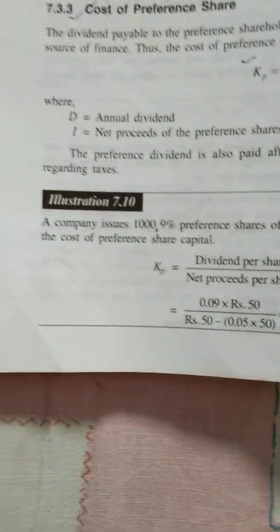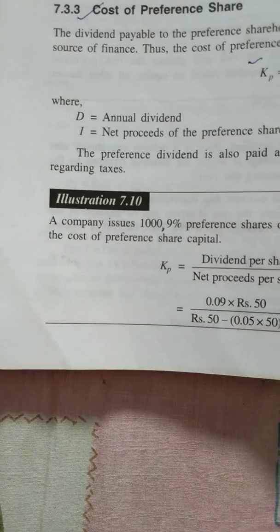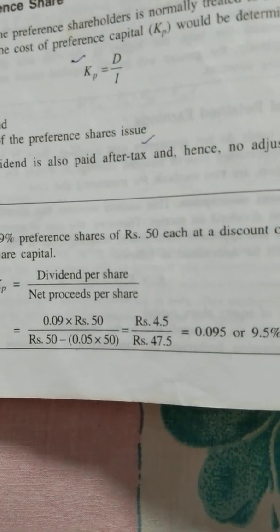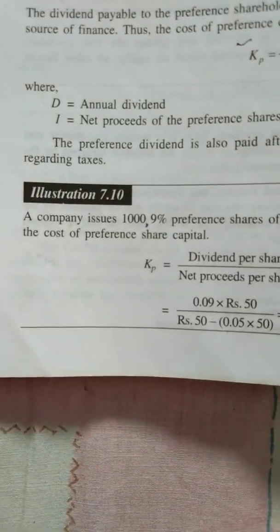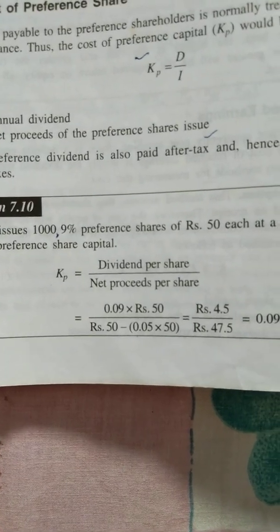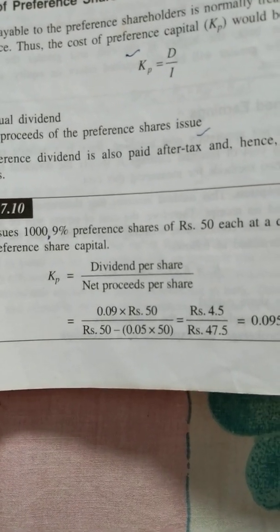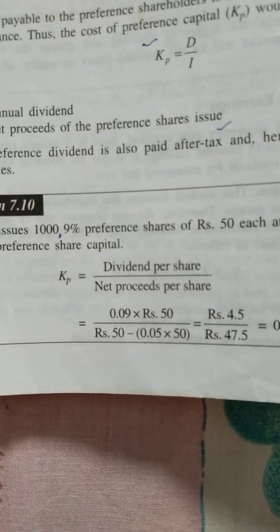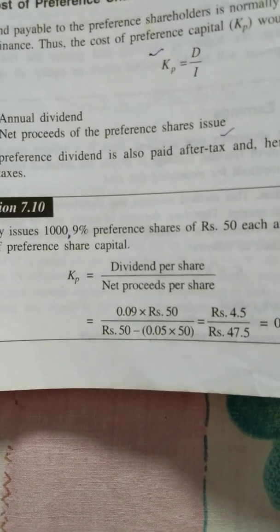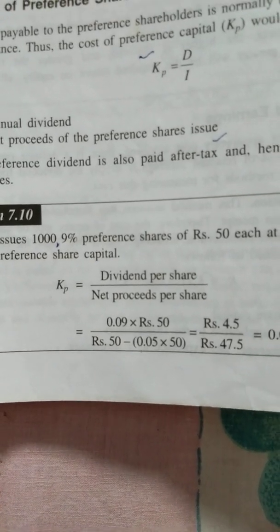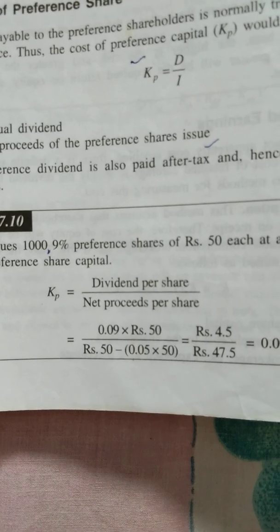One example is given. A company issues 9% preference shares of rupees 50 each at a discount of 5%. Calculate the cost of preference share. We use the earlier formula Kp equal to D by I. Dividend is always given on the face value. What is the face value? 50. 50 into 9%, that means 0.09, 4.5.